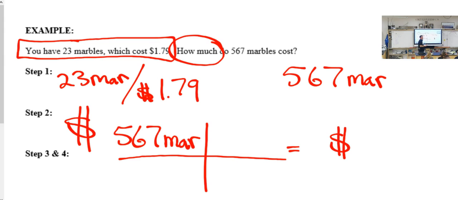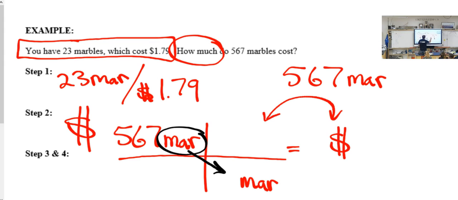Is marbles dollars? No. So I need to get rid of marbles. The picket fence, this unit will always go down and over to the bottom of the next one. So I put marbles here, and the unit at the end is always the unit at the end.